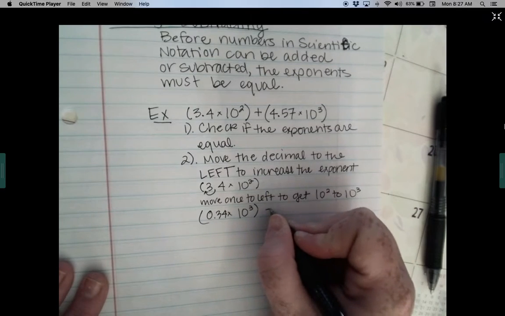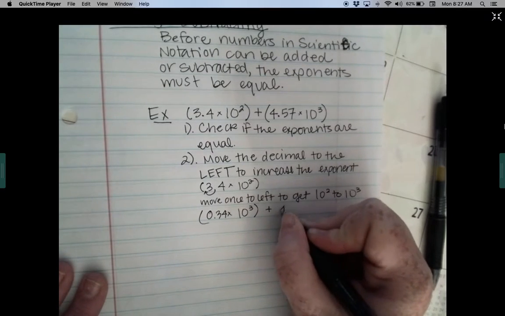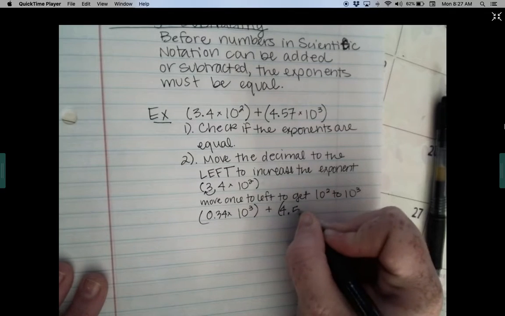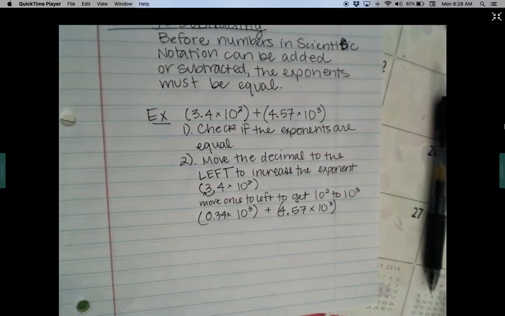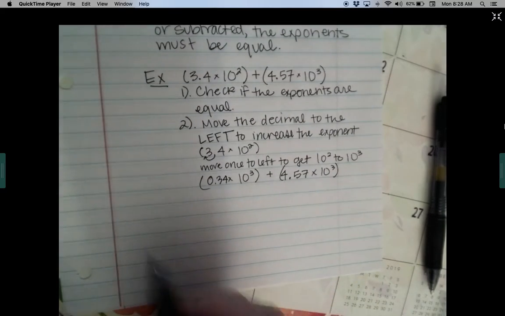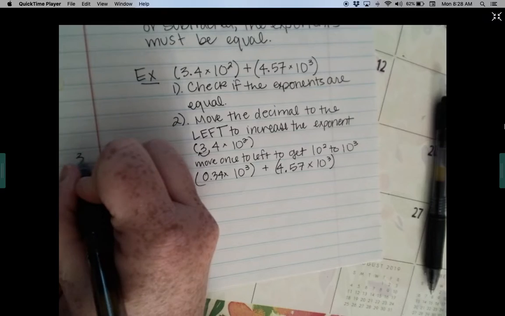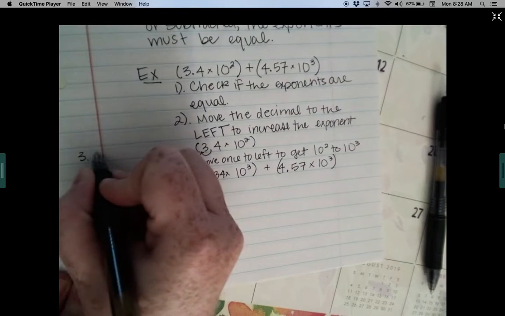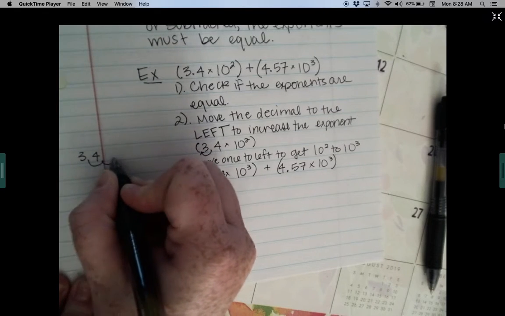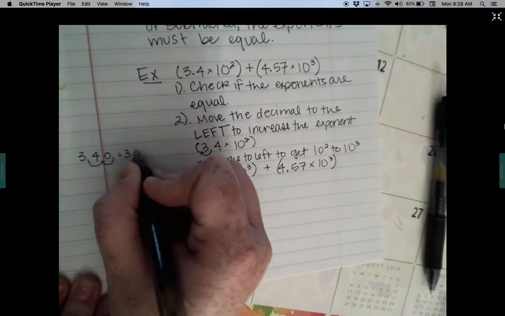plus 4.57 times 10 to the third. Because if I changed, and you don't have to write this, but I'm going to show you. If I changed 3.4 times 10 to the second to regular notation, I'd move my decimal 2 places to the right. 1, 2, so it becomes 340.